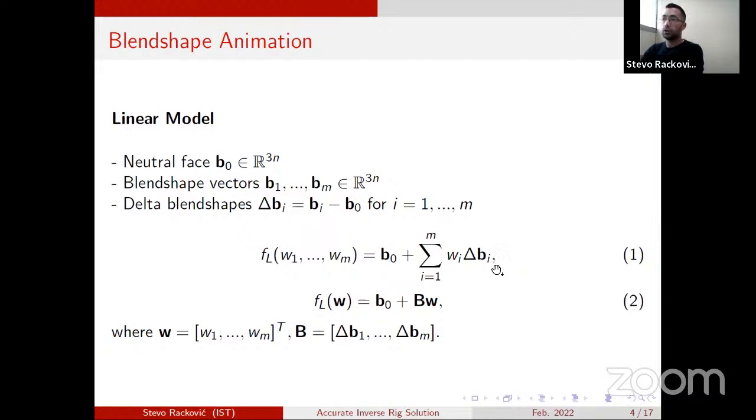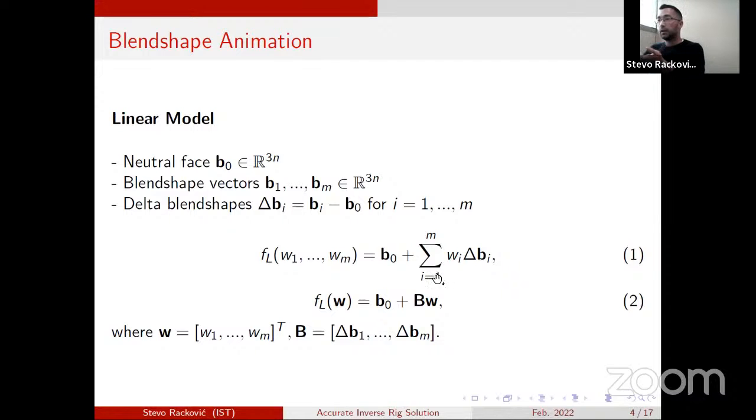And for each controller, we have a corresponding weight. We can set it to 0 if we don't want to activate it, or to 1 if we want to activate the blend shape. But we can also set it anywhere in between, for different levels of activation of the regions.